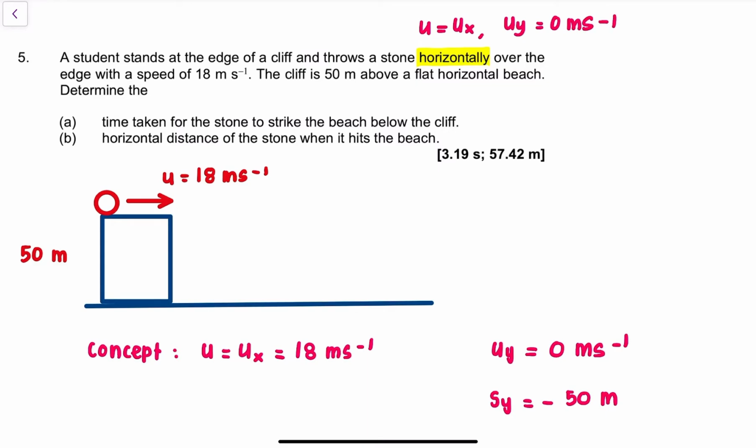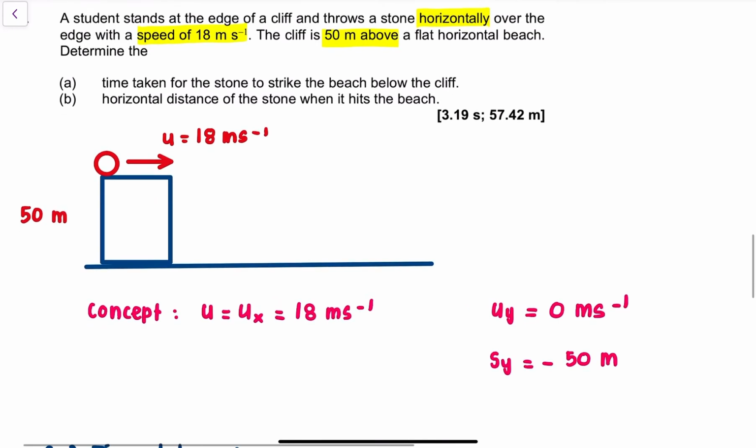This is the concept of projectile motion horizontally. The initial speed is 18 meter per second. The cliff is 50 meter above a flat horizontal beach. Part 1: determine the time taken for the stone to strike the beach below the cliff.